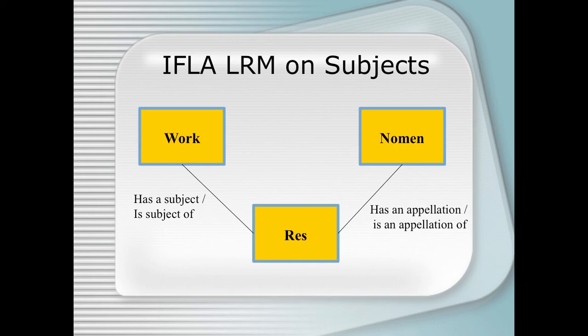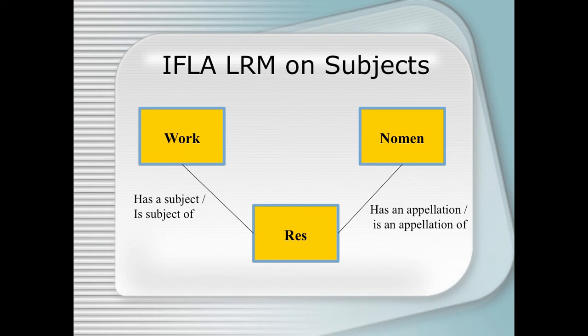So the basic subject relationship in the IFLA LRM is what you see on your slide here. We have works, and a work can have a subject. The subject is a res, so basically anything in our bibliographic universe can be the subject of a work. And then a res has an appellation of nomen. There's a name that a thing goes by, basically. So it's a relatively simple model in that way.